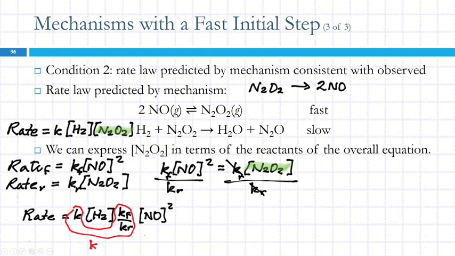You can think of it this way. If this is, say, 6, just nice numbers, and this was 3, and that was 1, and this is 2. Those numbers are constant. They're rate constants.